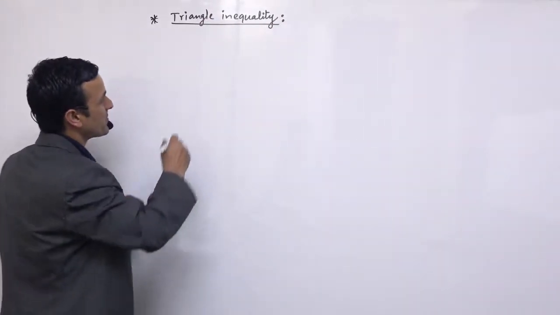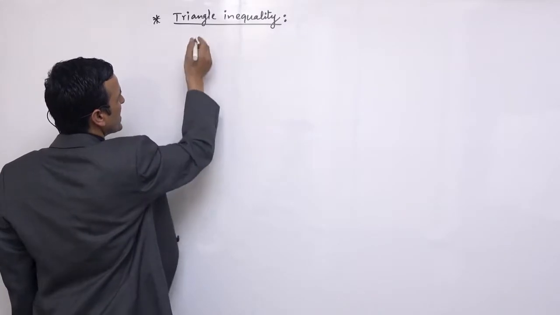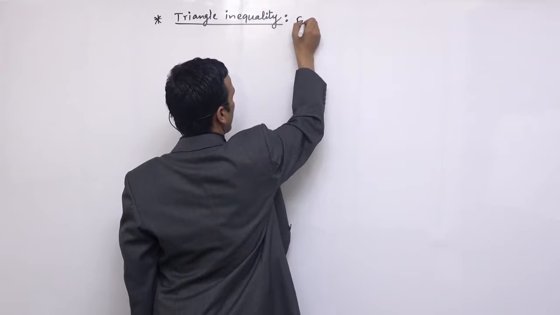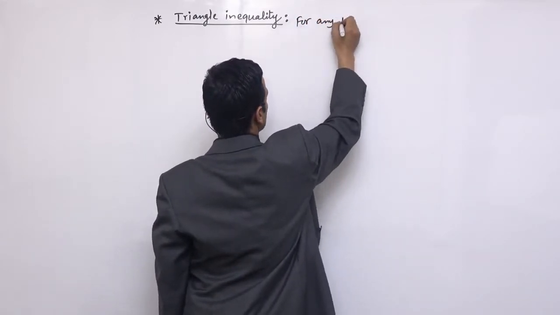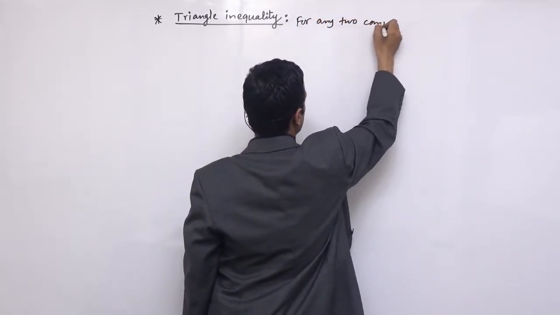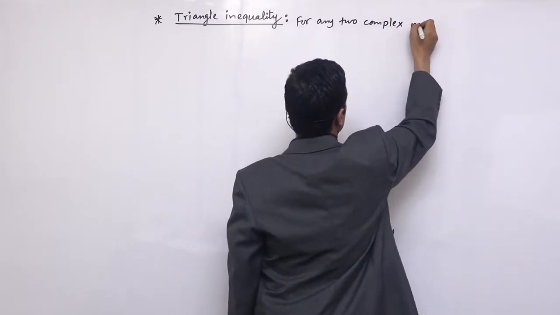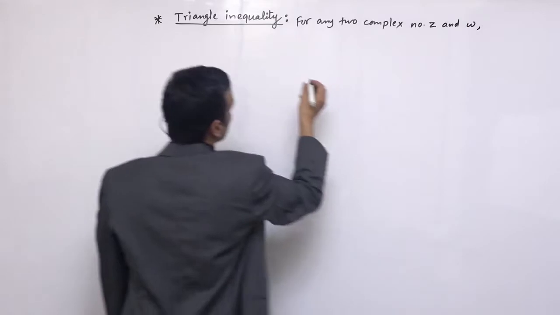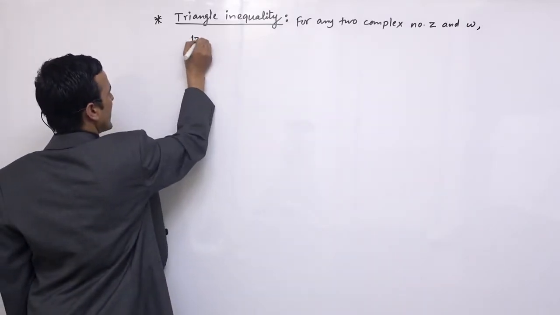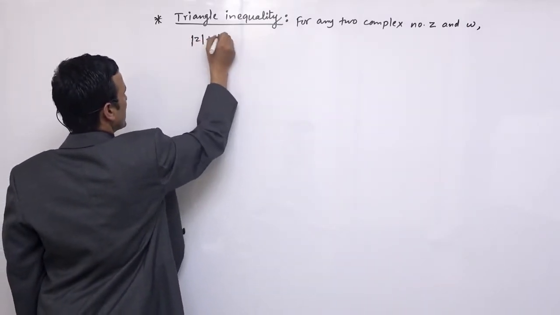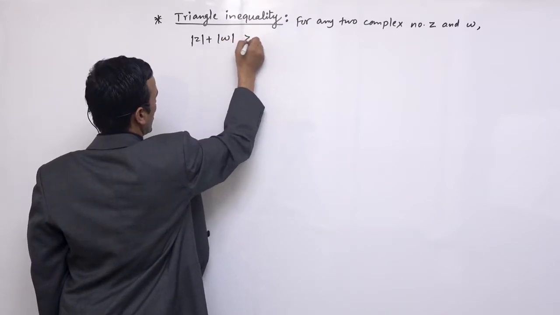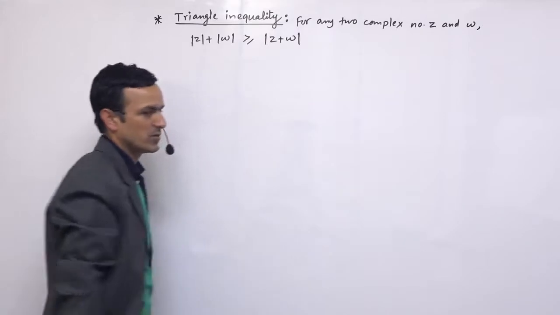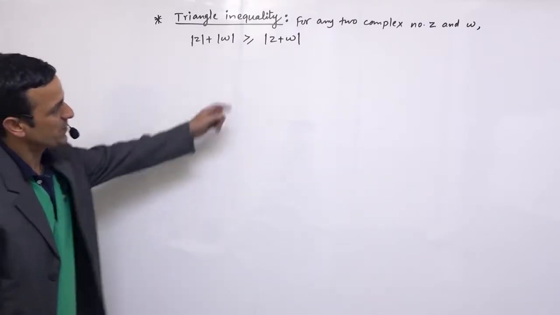In this property, for any two complex numbers z and w, we have modulus z plus modulus w is always greater than or equal to modulus of z plus w. So this is the property.